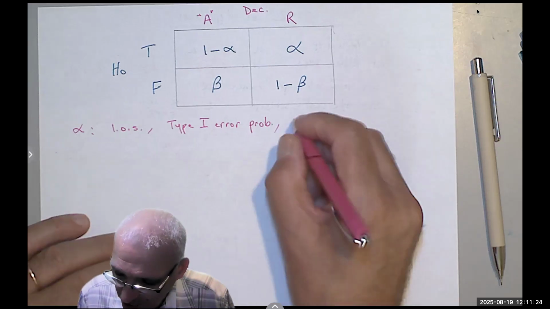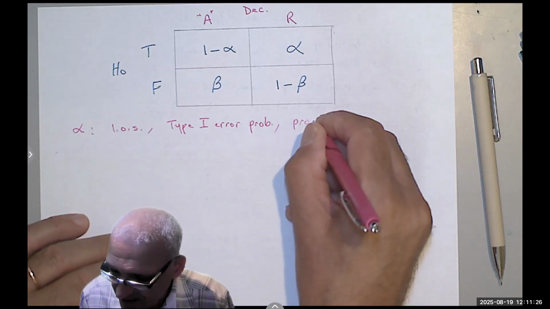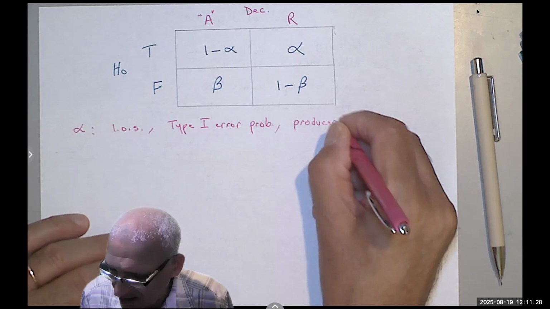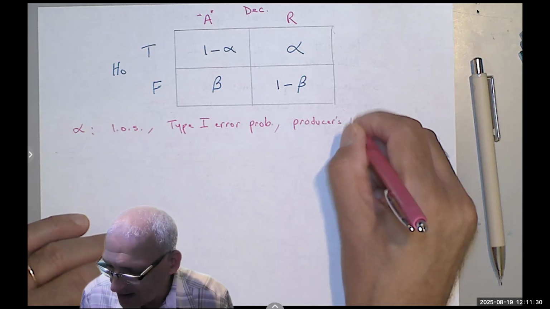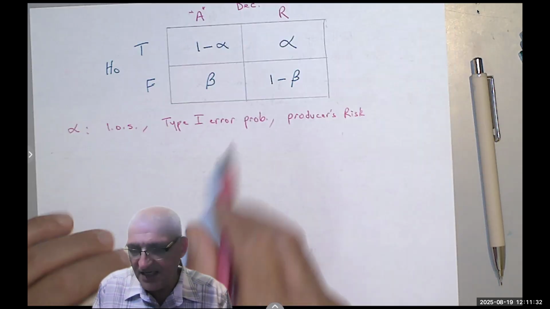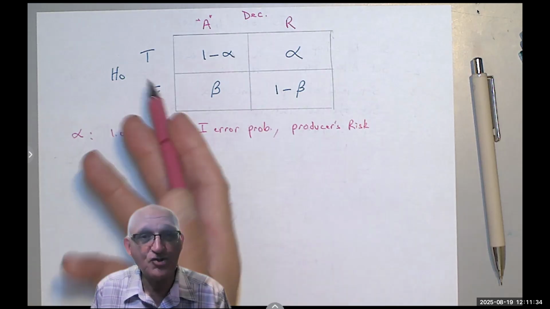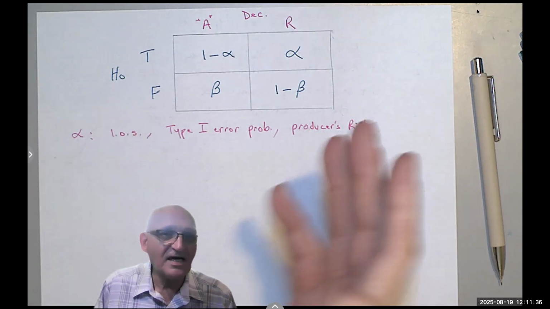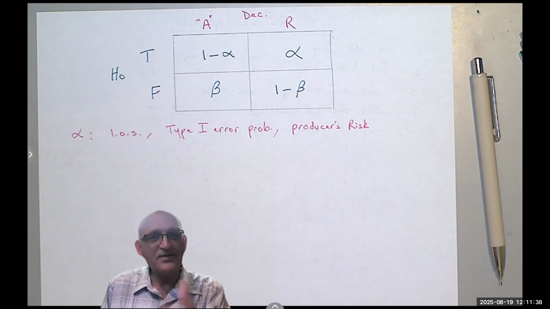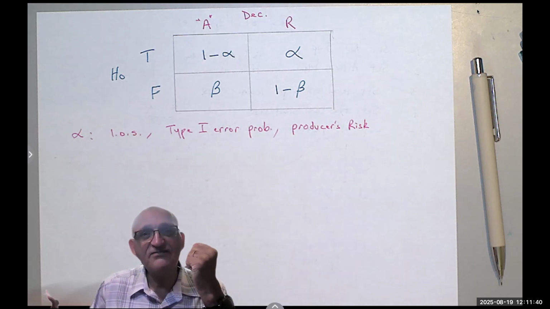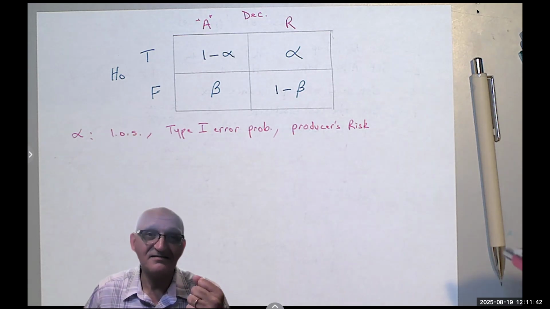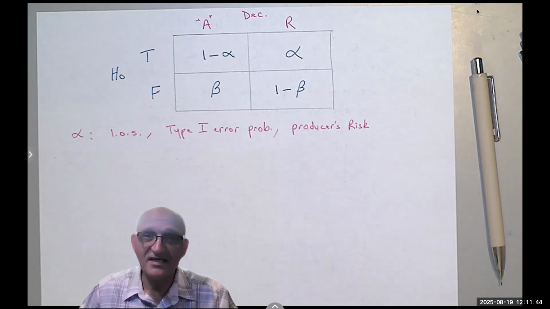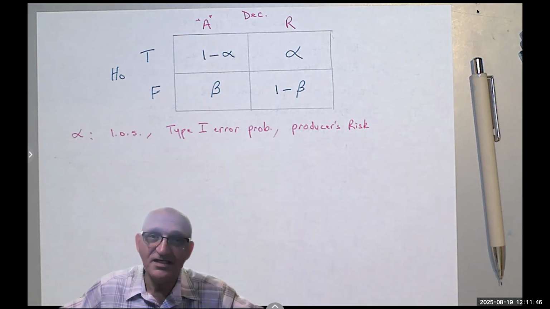We call it the producer's risk. Why? Because the guy really had the null hypothesis true, but he was unlucky when you selected a sample of their production, and it failed the test. So even though he was telling the truth, unfortunately, he failed the test.